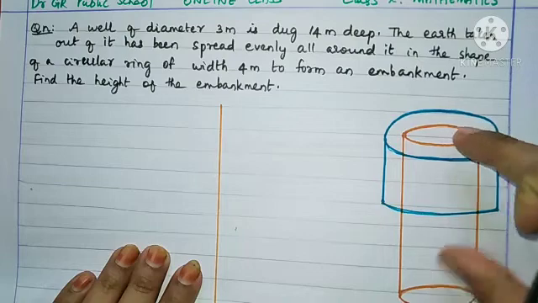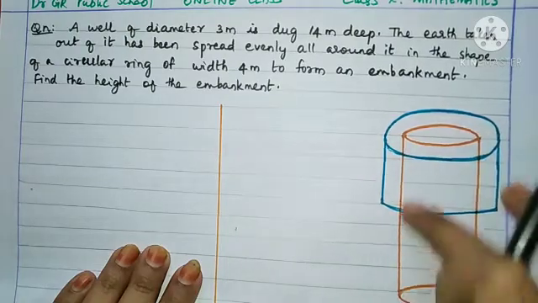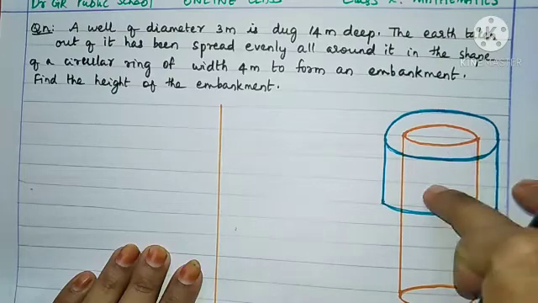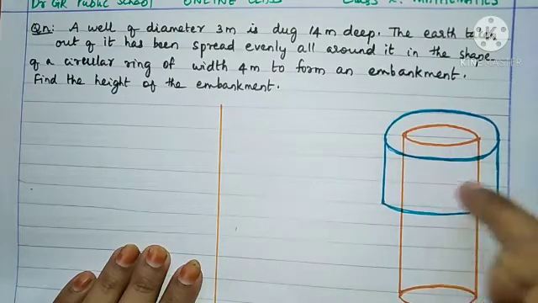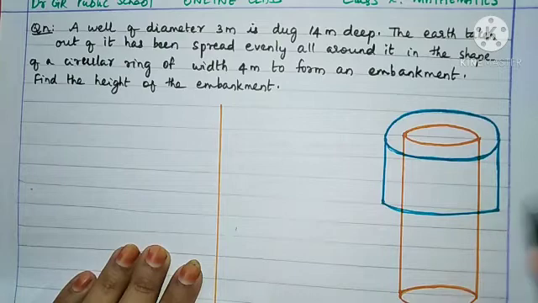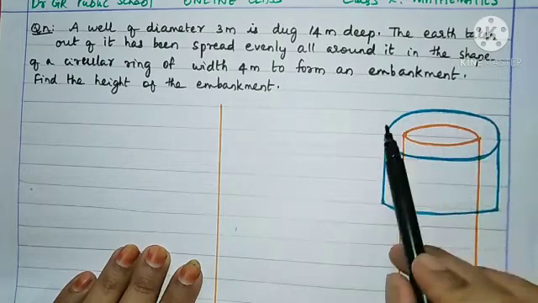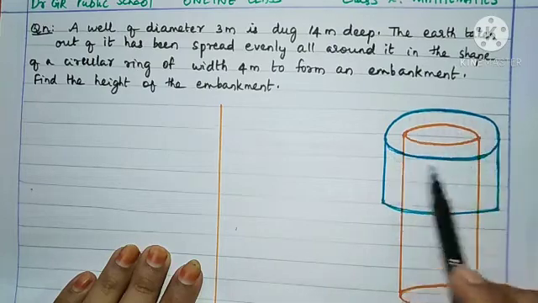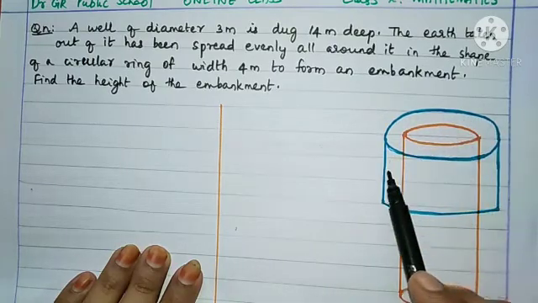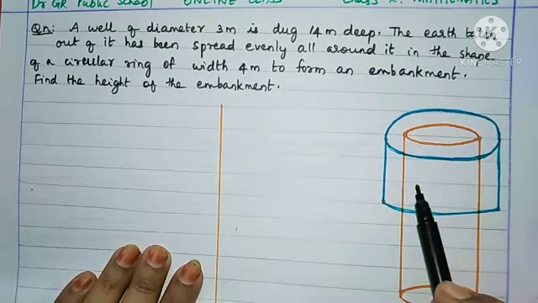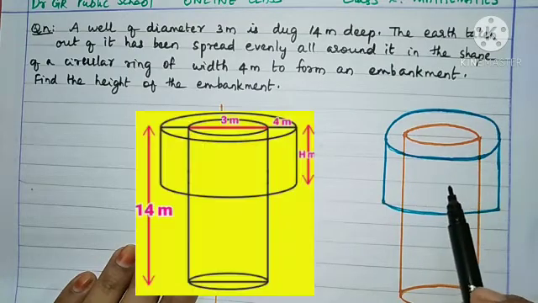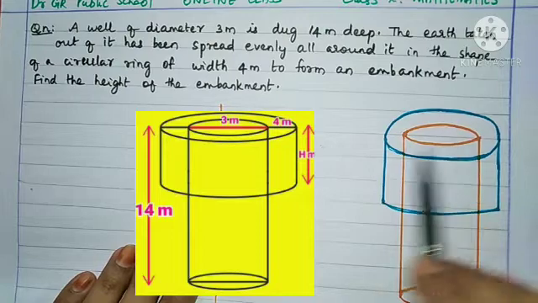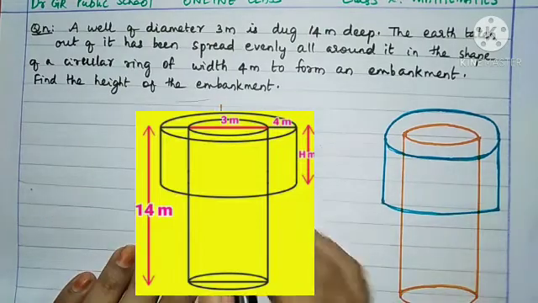From this well, earth, that is sand, is taken out and evenly spread around the well, like a wall, like a barrier. It is constructed like a circular ring around the well, and that construction is called an embankment. So we need to find out the height of the embankment.